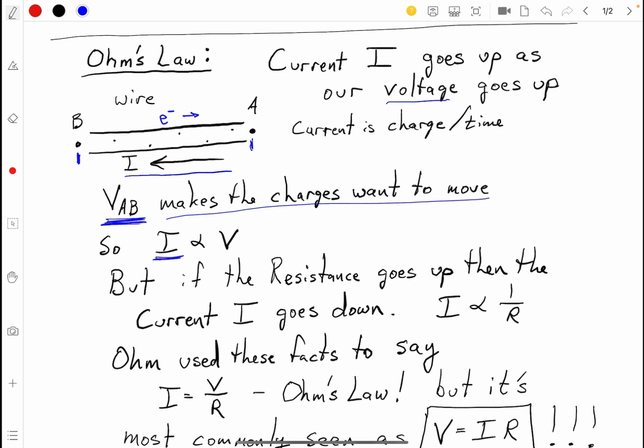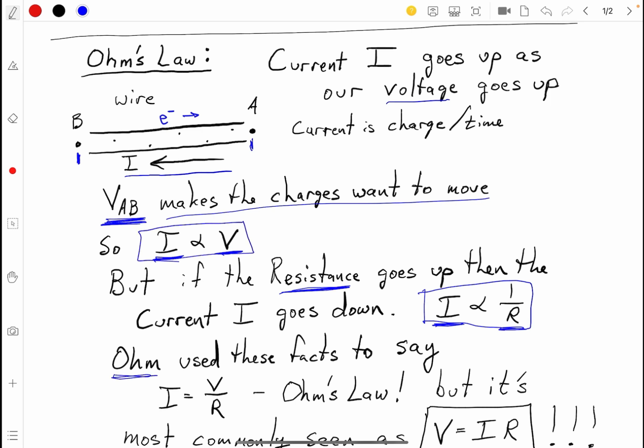So the current is going to go up if the voltage goes up, all right? But if the resistance goes up in the material, our current goes down as the resistance gets bigger. So that's an inverse relationship. We've got a direct proportionality here.